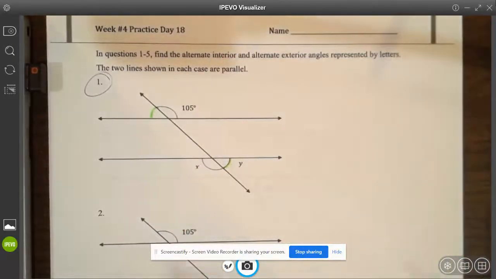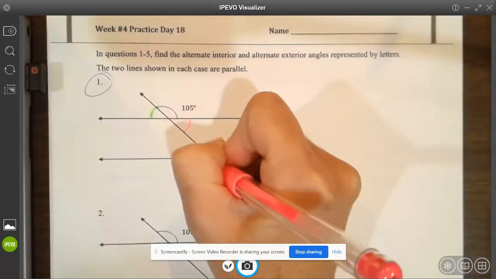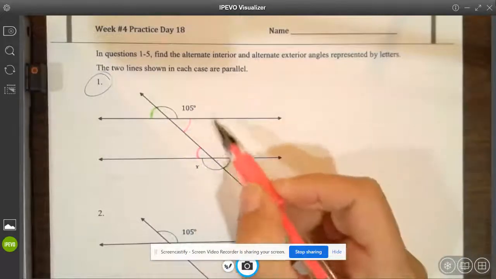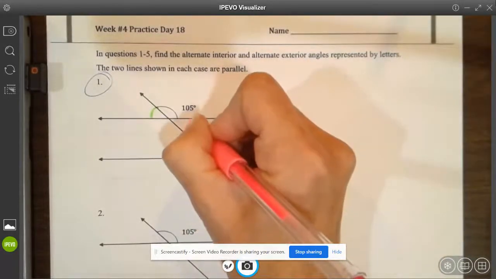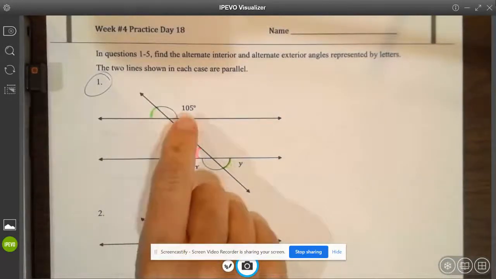Now, these two angles right here, this one and this one, are going to be the same measurement because they're alternate interior angles. Okay?